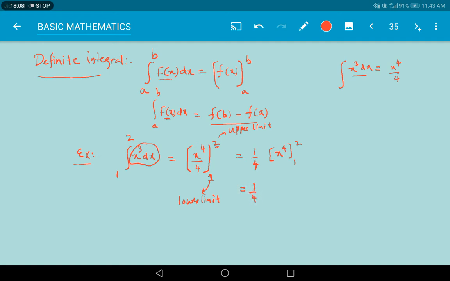Let us substitute the limits: 1 by 4 times, in place of x, 2 power 4 minus 1 power 4. 1 by 4, 2 power 4 is 16 minus 1, therefore 15 by 4 is the value of x cube within the limits of 1 to 2. Okay, in this way we can find out the definite integral. Let us take some more examples based on this.